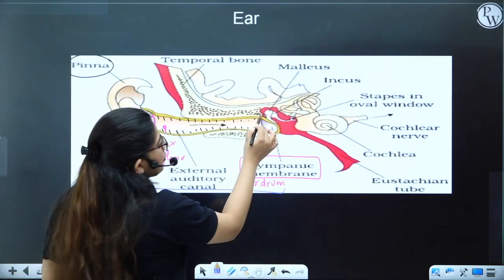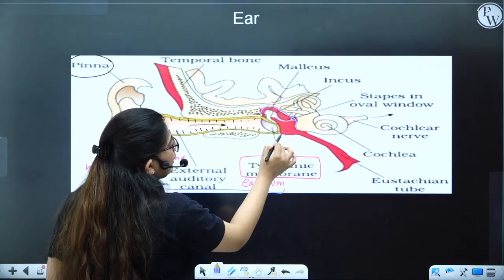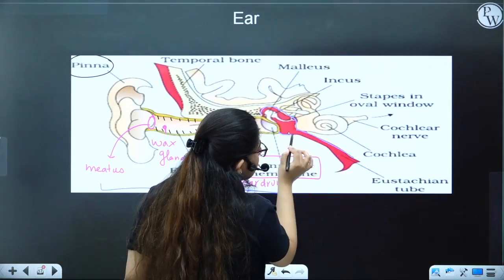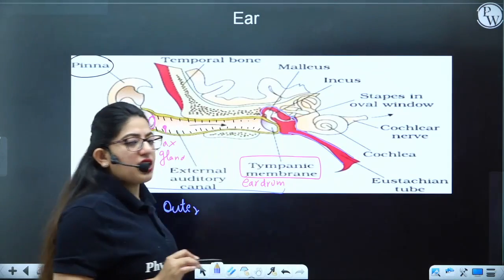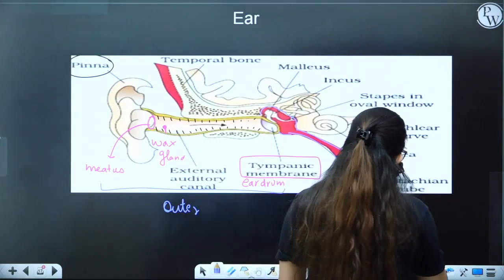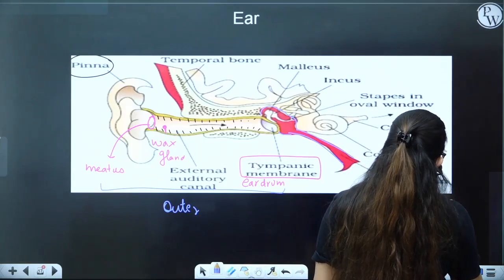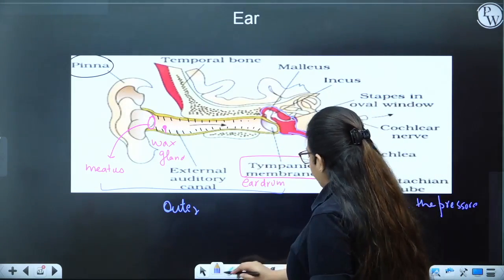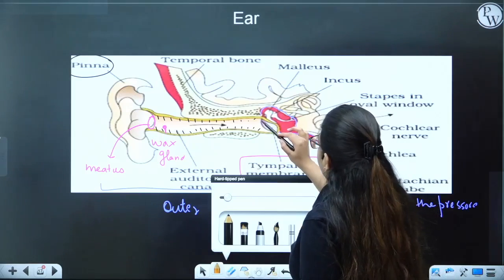The middle ear is present in a cavity known as the tympanic cavity. This tympanic cavity is attached to a tube known as the Eustachian tube. The function of the Eustachian tube is to equalize the pressure. Now what pressure? Here you have this tympanic membrane. Let me just color it.